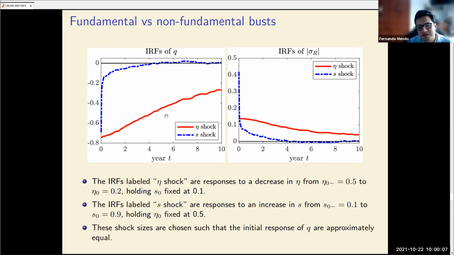What you can see is that the two kinds of recessions look very different. The non-fundamental recession looks a little closer to the data, in the sense that it generates larger volatility spikes and has less protracted recessions. They come back more aligned with the data.